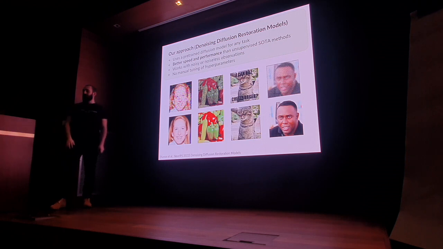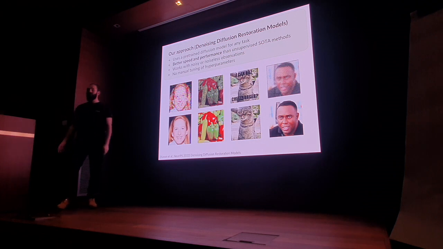We don't need manual tuning of hyperparameters, just a single set of hyperparameters that works well for any inverse problem with any image, and also with any data set. And our algorithm can work with both noisy and noiseless observations. So we do allow for Gaussian noise on the measurements, which many previous plug-and-play methods did not account for.